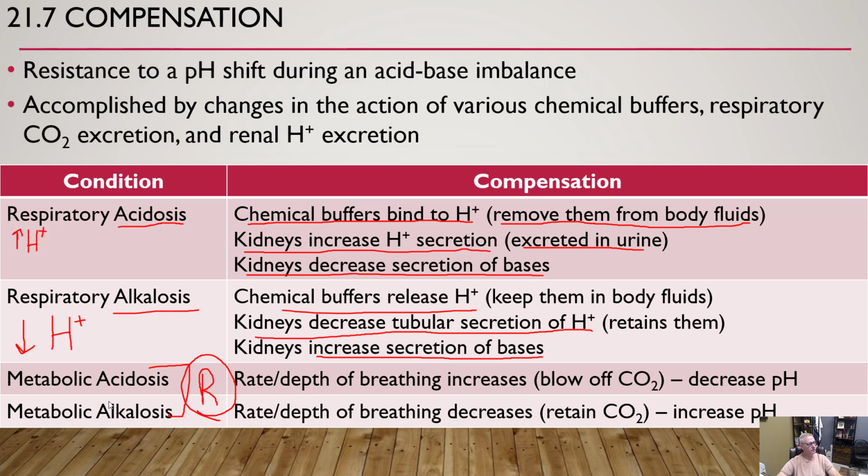If we're in metabolic acidosis, we have too much hydrogen, so we're just going to blow it off. Because remember, our hydrogen and our carbon dioxide go hand in hand. If we're in alkalosis, our carbon dioxide and hydrogen go hand in hand, so we're going to decrease our rate of breathing. And that's how we compensate.